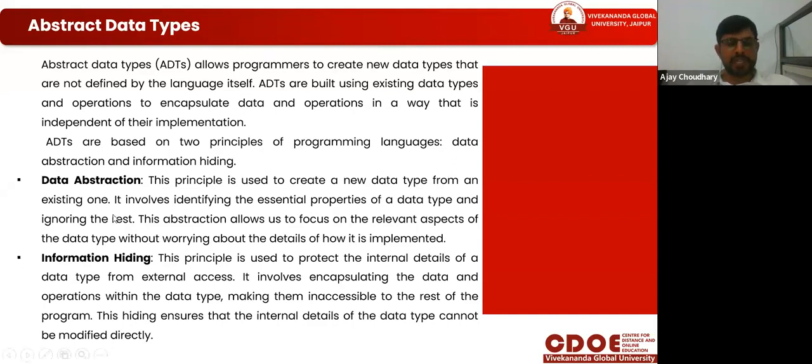So that is the first principle, data abstraction. The second one is information hiding. This principle is used to protect the internal details. Internal details means we have some program for that abstract part, and this part is not accessed by external users. External means any other user who is not part of that programming, that developer part. So all details are hidden from that side.